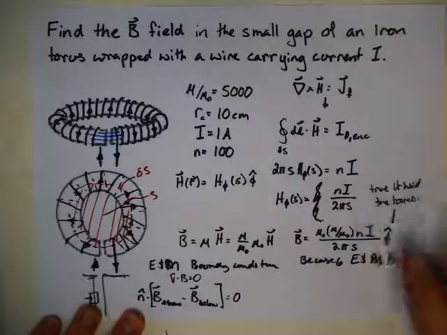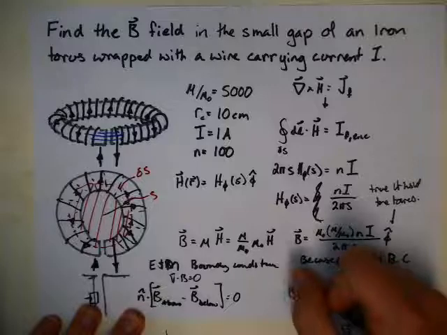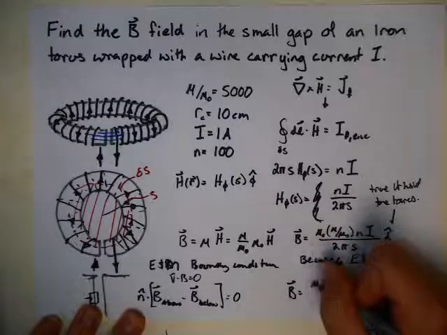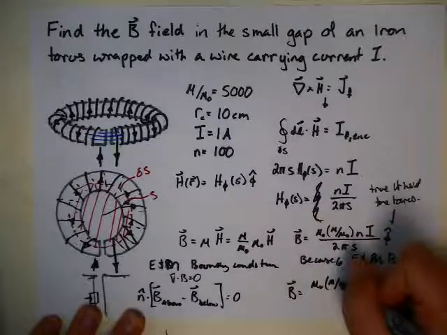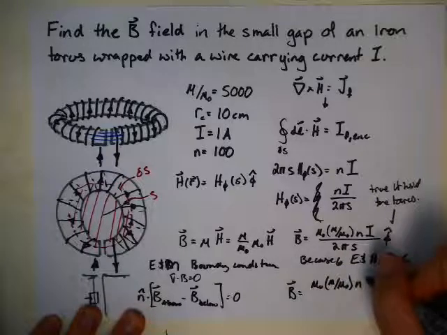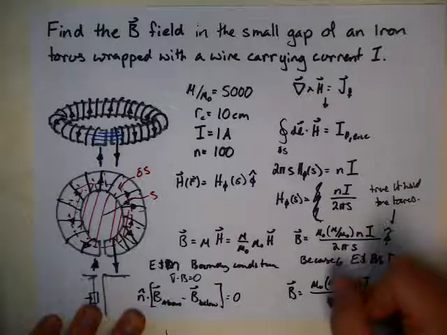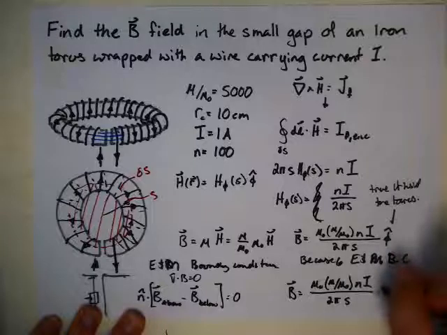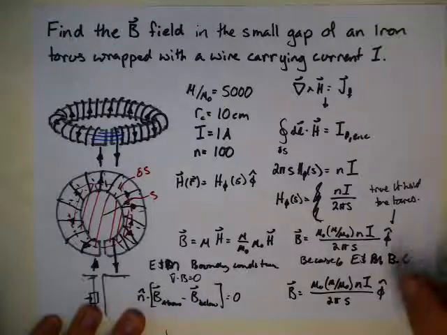We have the magnetic field in the gap is mu over mu naught times N I over 2 pi S phi hat. Okay, in gap.